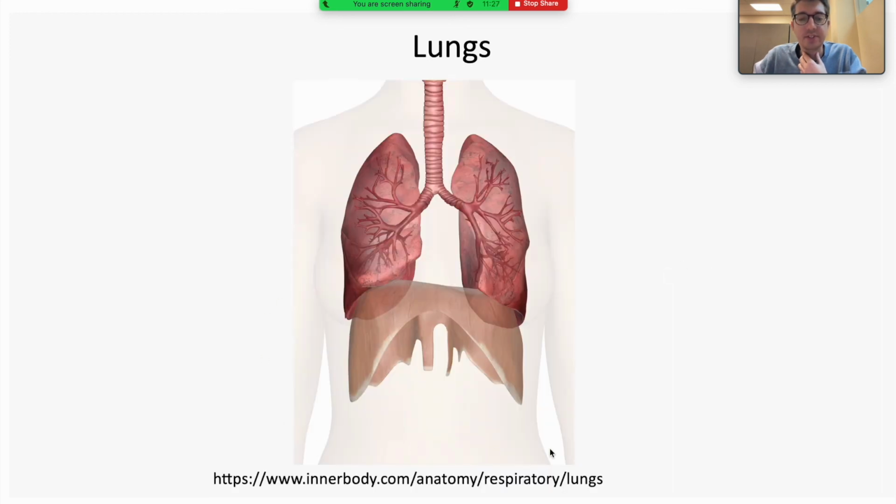This is just an image of lungs, which are leaning onto a muscle here, which we cannot see, called the diaphragm. The diaphragm is very important for breathing in and out. This is a link that I provided for you to check out how lungs work.